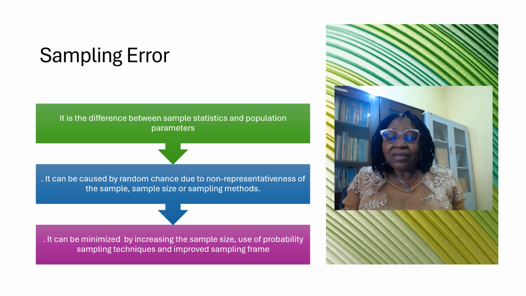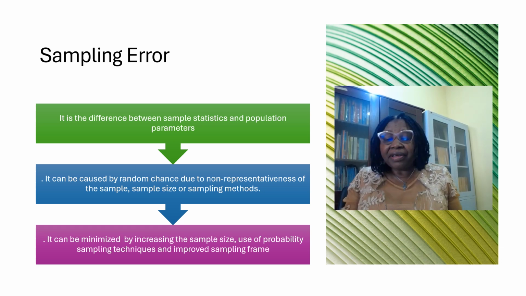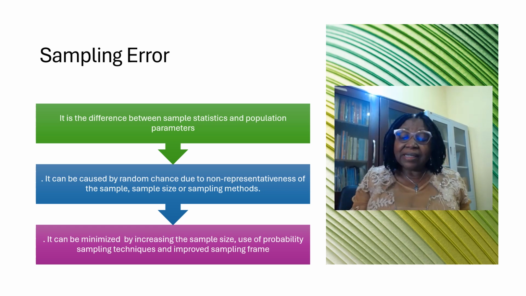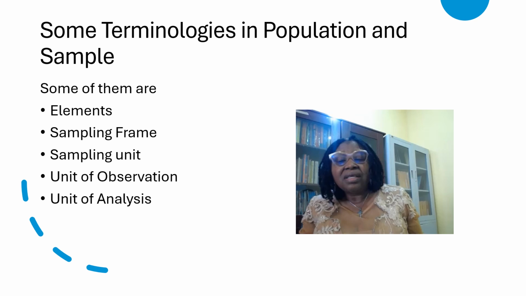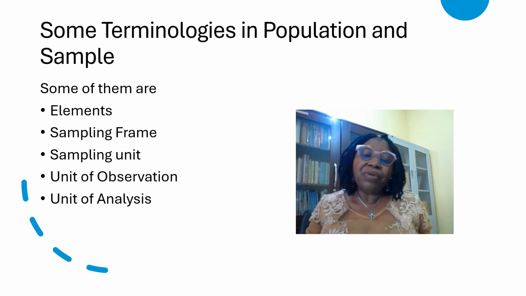The extent to which your sample is a true representation is the extent to which you can talk about your sampling error. The smaller the sampling error, the better job you have done, the more valid or reliable your sample. And when you generalize, it will approximate the true characteristics of the population.